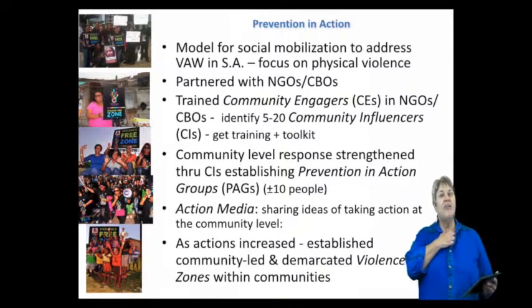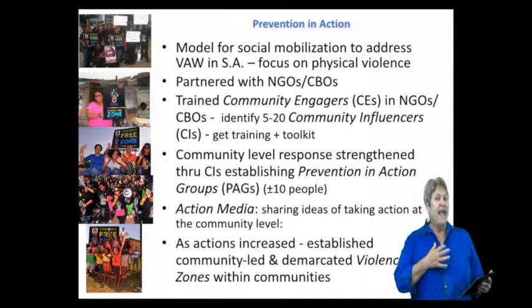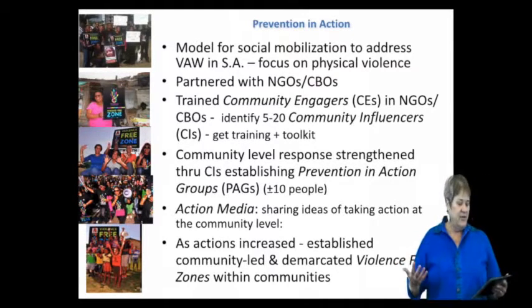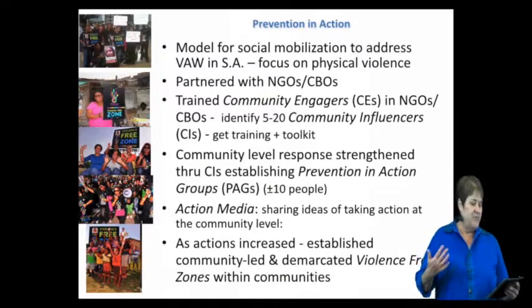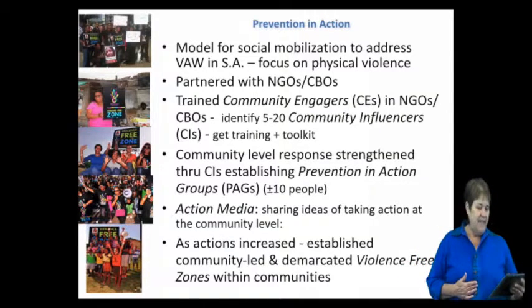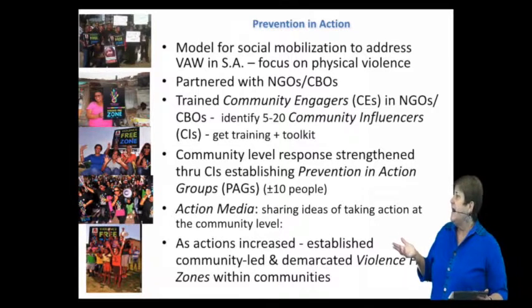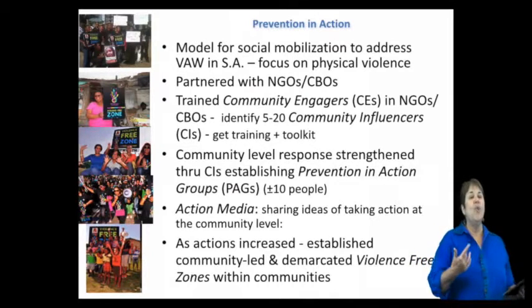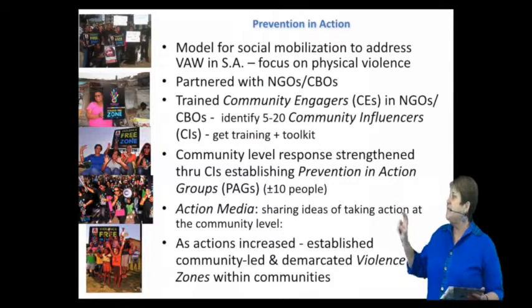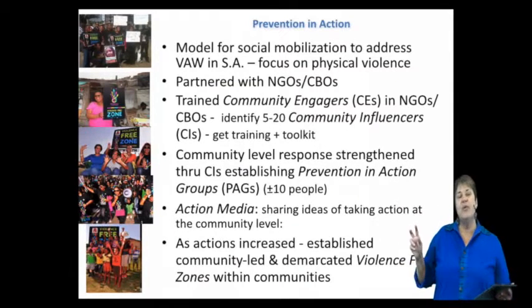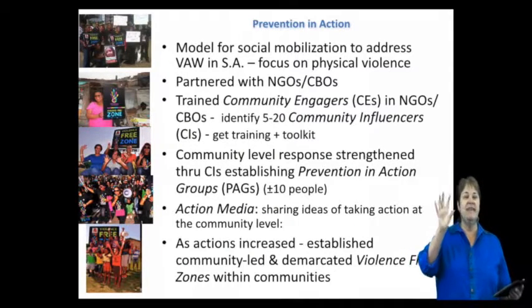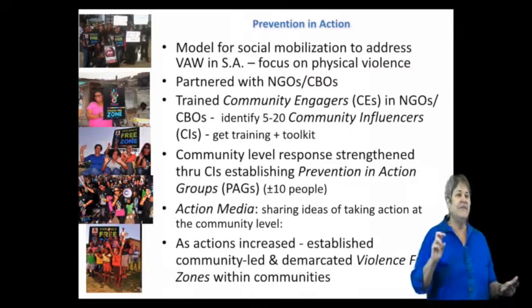They got training, they got a toolkit, they got T-shirts, and their job was to go out into the community and to educate and to intervene where they saw gender-based violence happening. They also had a lot of media, and as actions increased, as there were more actions where violence was stopped or brought to their attention, they established something called violence-free zones, where houses in the community volunteered to put up a sign outside their house to say that they are a violence-free zone.